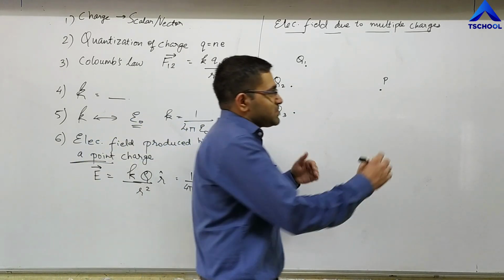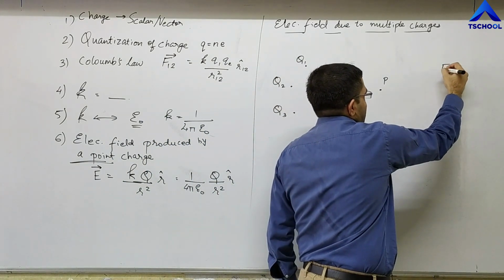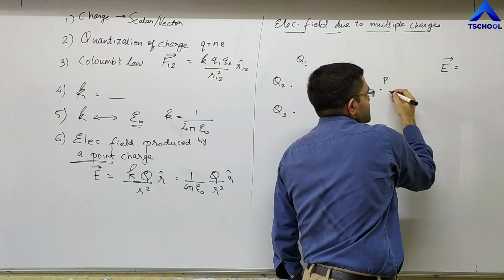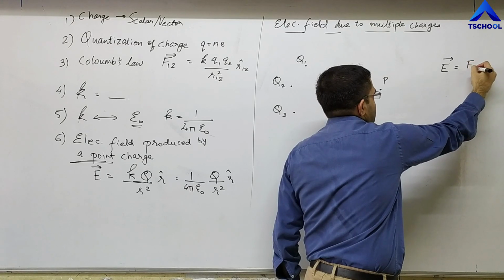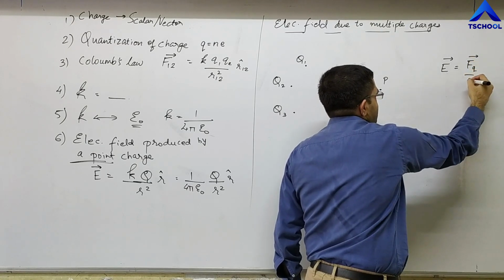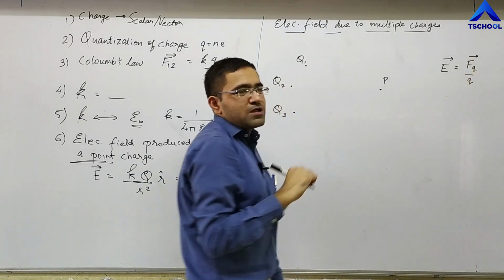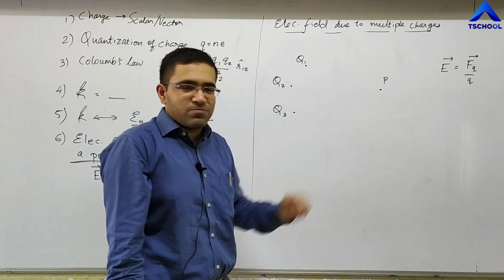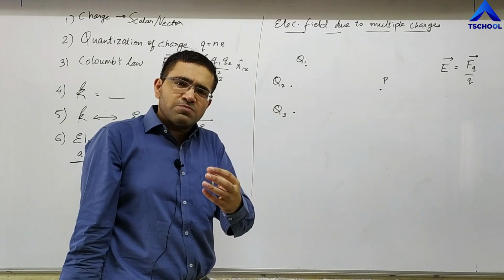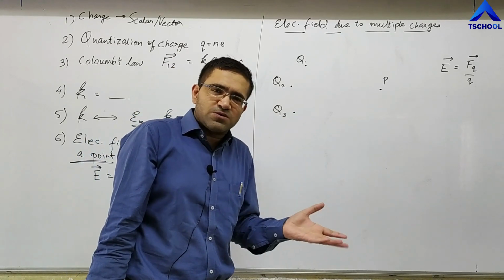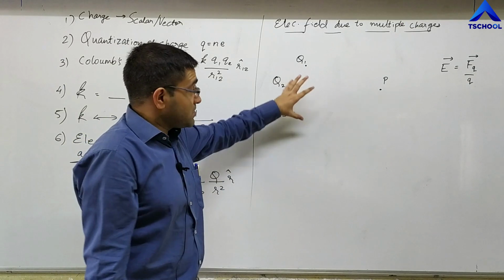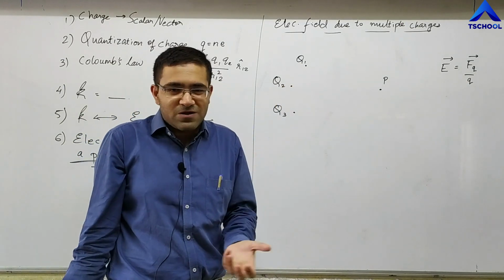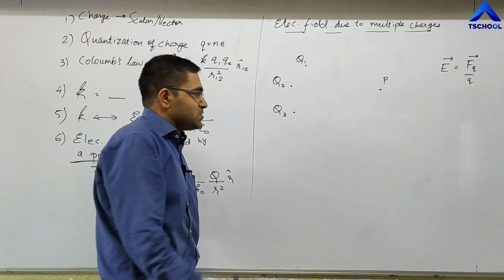So basically, the electric field at this point will be the force acting on the test charge divided by the magnitude of the test charge, right? So that's the procedure, and we are going to repeat that procedure over here. The only difference between the previous lecture and this lecture is that here you have multiple charges, so it's not going to take a lot of time. It's fairly simple. Let's start.